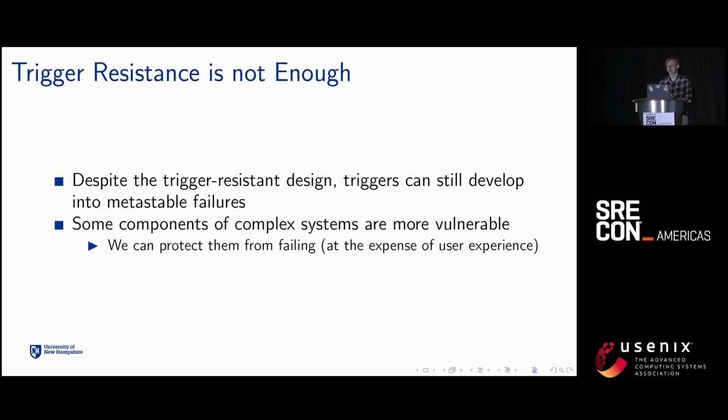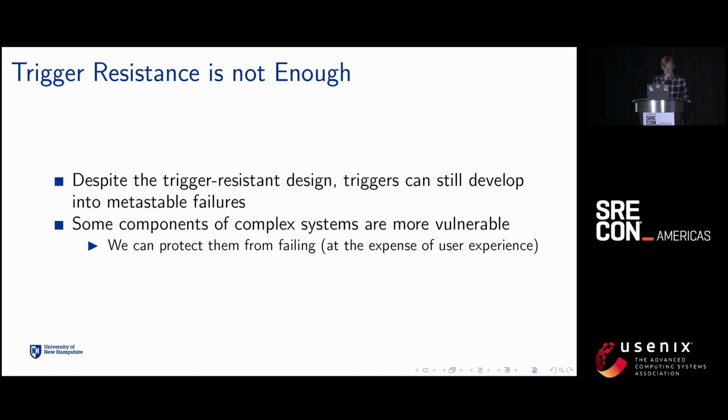So at this point, we really want to try to stop the feedback loops from developing, right? So if you're already in a failed state of some sort with that very expensive trigger, at least try to avoid developing those amplification effects.